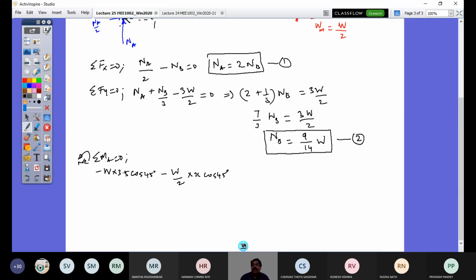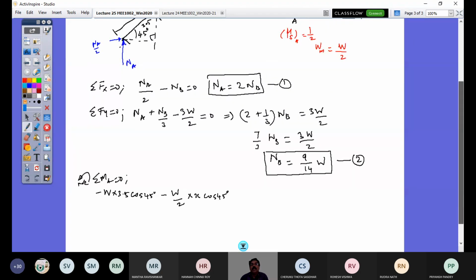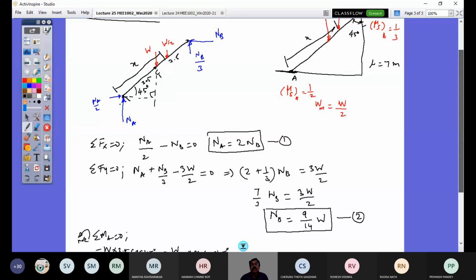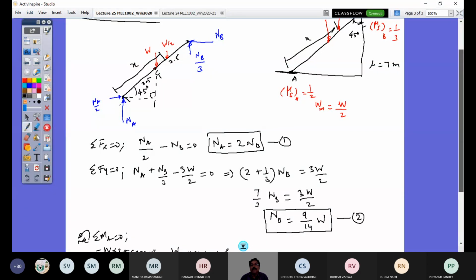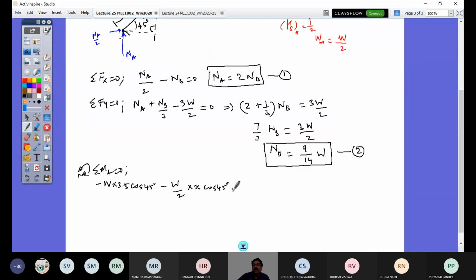And any other force moment, you have NB and NB by 3. So NB would create counterclockwise moment. NB by 3 also would create counterclockwise moment. So one will have 7 sin 45 moment arm, other will have 7 cos 45. So plus NB into 7 sin 45 plus NB by 3 into 7 cos 45.